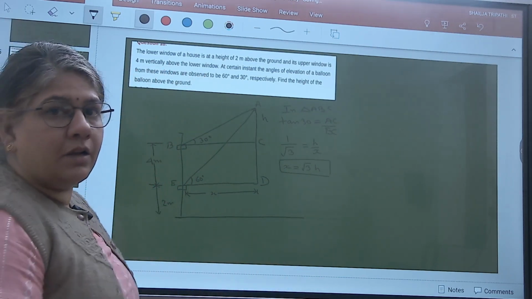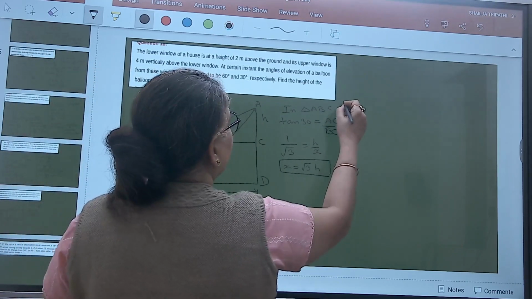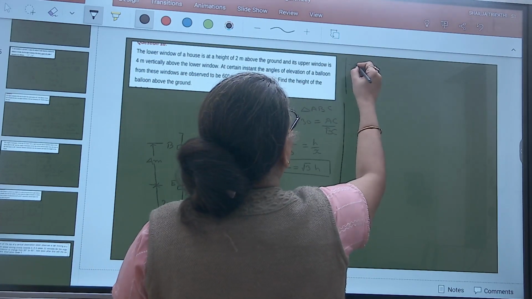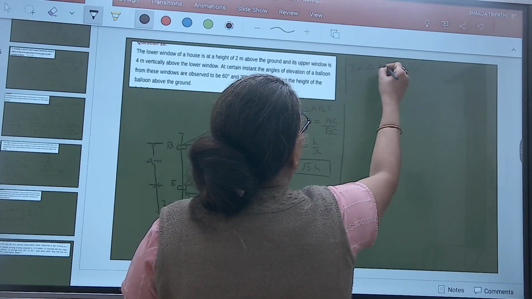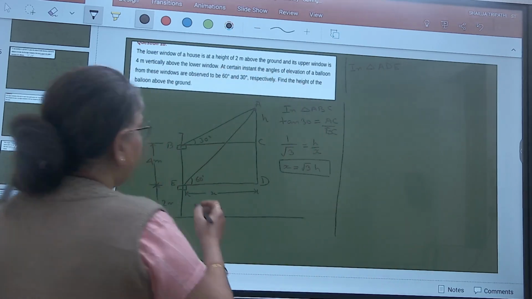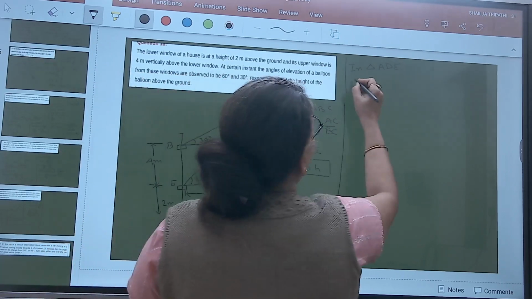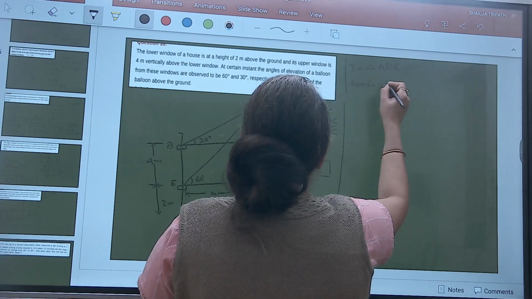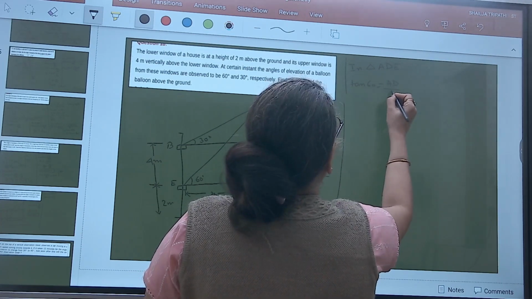Now let's take another triangle AED. In triangle ADE, we can write tan 60 is equal to AD upon ED.